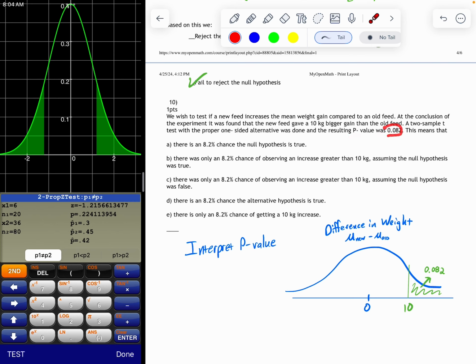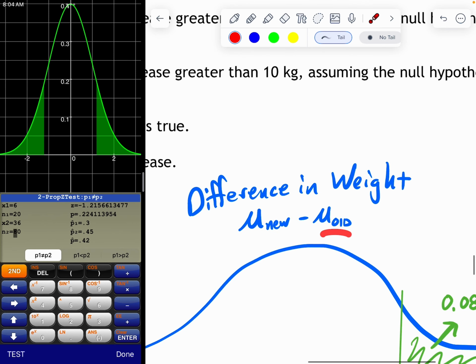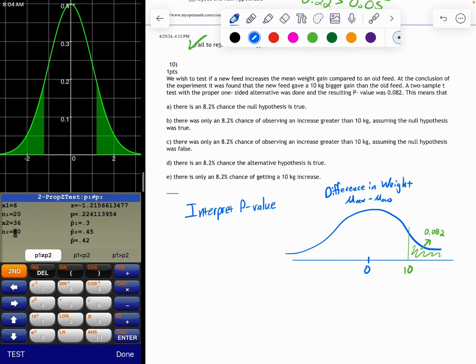Okay, so this is just having you interpret the p-value. What does this 8% mean? And I tried to draw a picture to help you. This is the difference in the weight. They had the old feed and the new feed, and they had a sample, presumably with the cows getting the old feed, and then another sample with the cows getting the new feed, and then they are subtracting them.